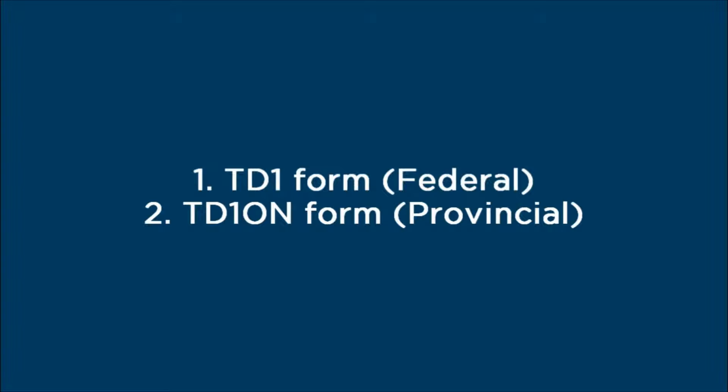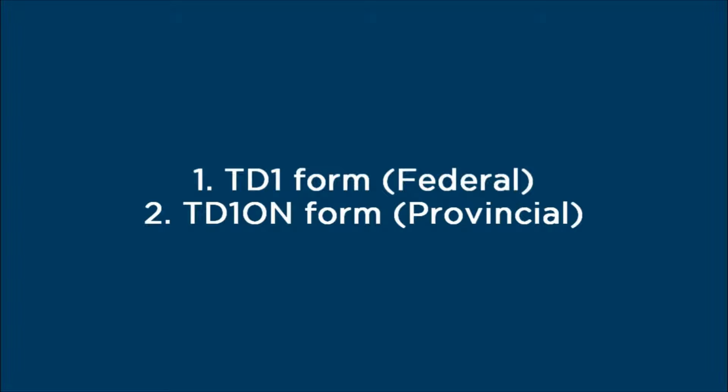The second form is titled the TD1ON form, which is the Provincial Personal Tax Credits Return form. Keep in mind that this is subject to the province you live in, but because ACE Consulting Group is situated in Ontario, I'll be using the TD1ON form, the Ontario form, in this module.